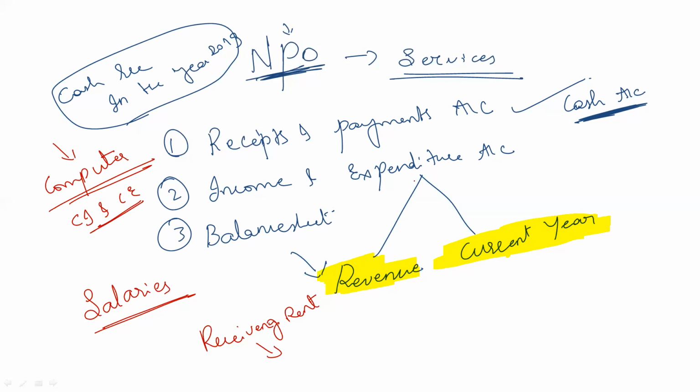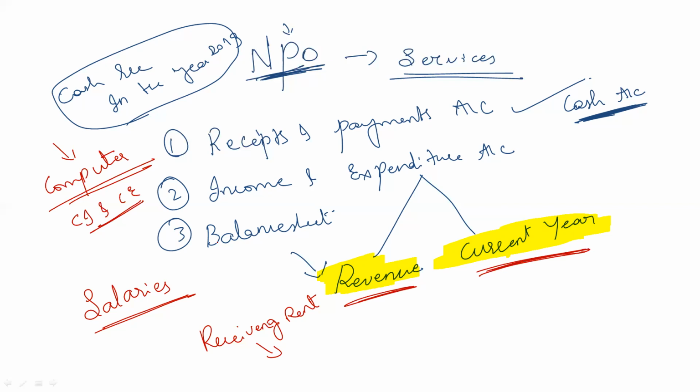So in income and expenditure account, only revenue transactions relating to the current year are recorded. The balance sheet is as usual: the left side contains liabilities of the NPO, the right side contains the assets of the NPO.